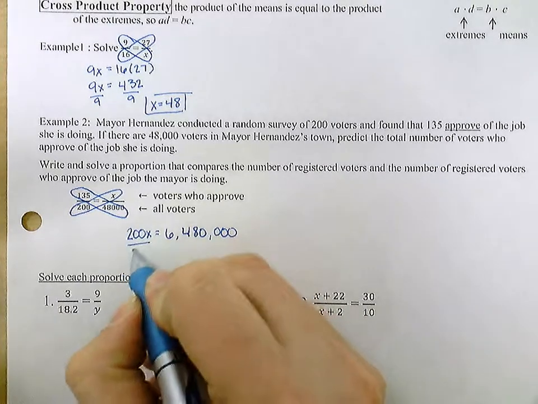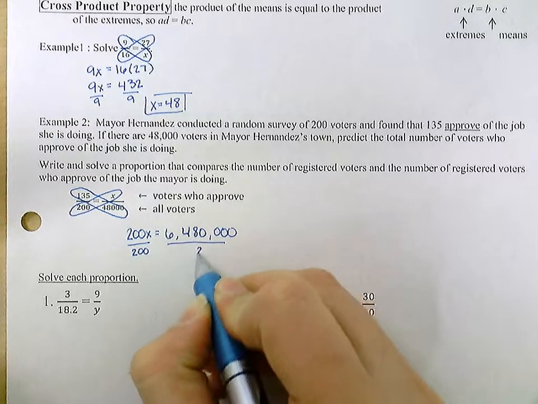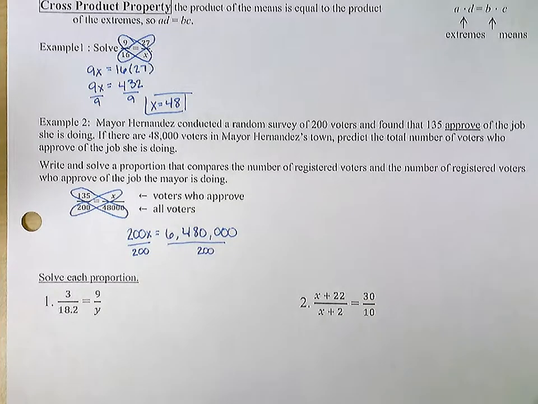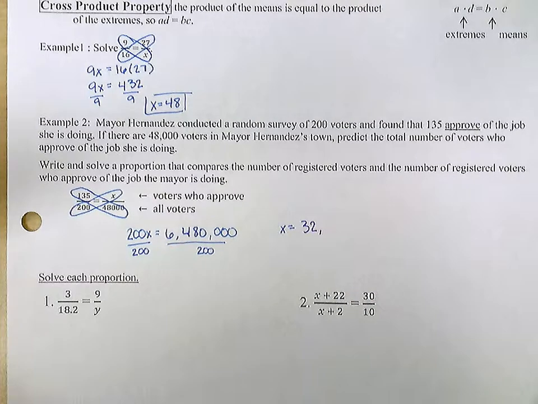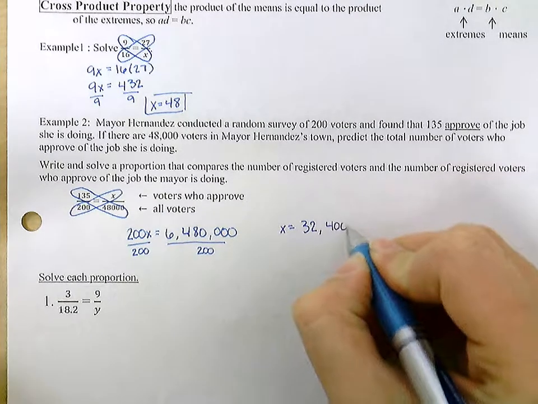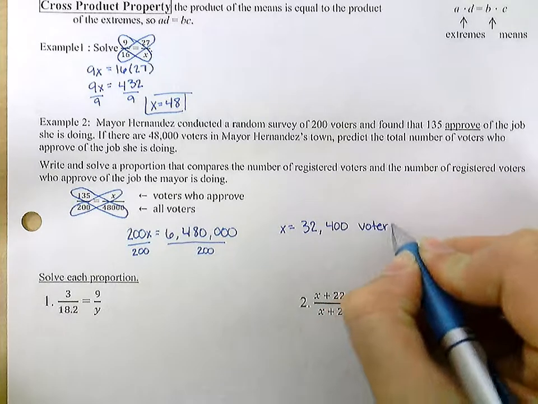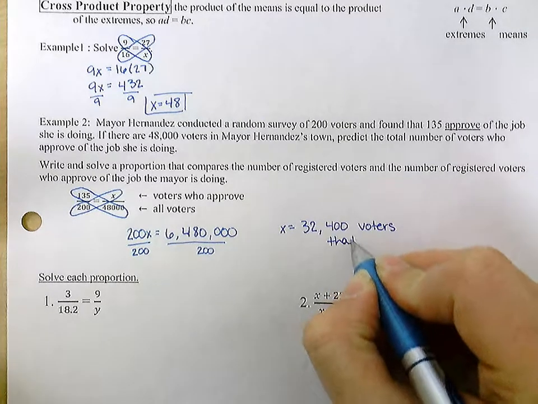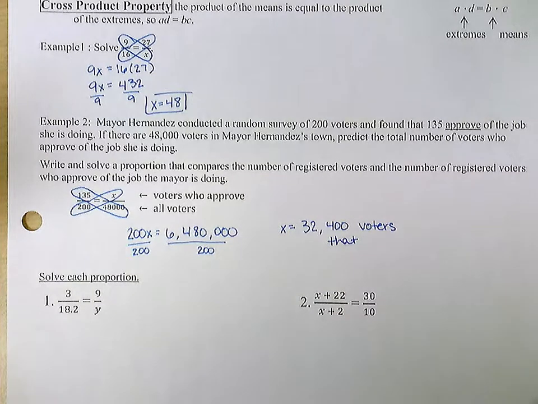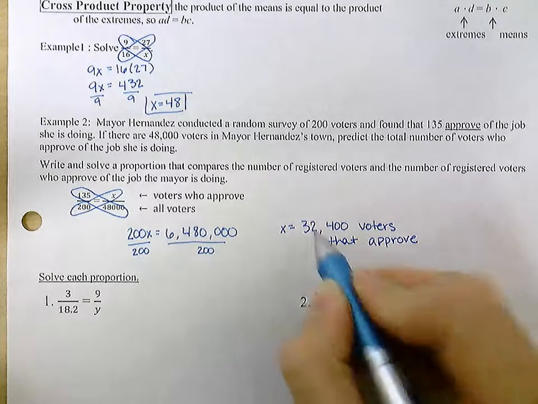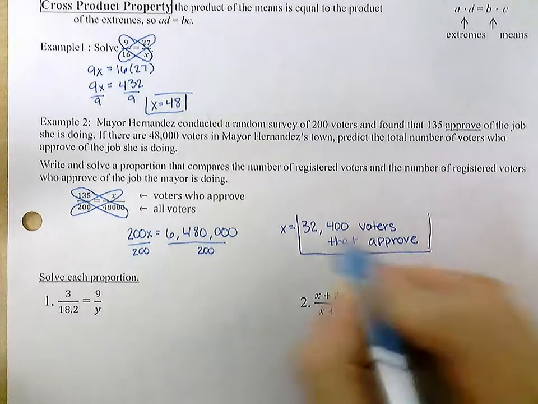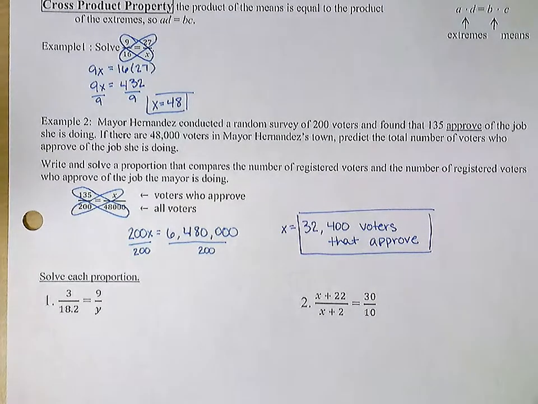Okay, then all I have to do is divide both sides by 200. And that is 32,400 voters that approve. Okay, so we can use proportions to predict after given that survey.